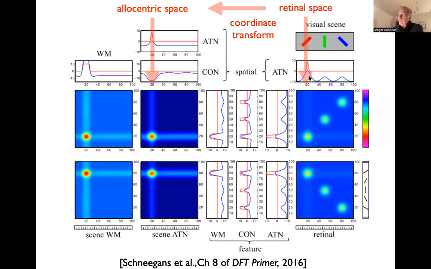So what you actually want to do is you want to store the scene in a frame that is anchored to, for instance, the scene or to your body or to some other frame. And you have to have some mechanism of how to know where your fovea is looking. So when you're selecting this, what spatial location in your retinal space corresponds to what allocentric location, let's say, in the frame anchored to the world. And I'll explain next how that's done through a coordinate transform.